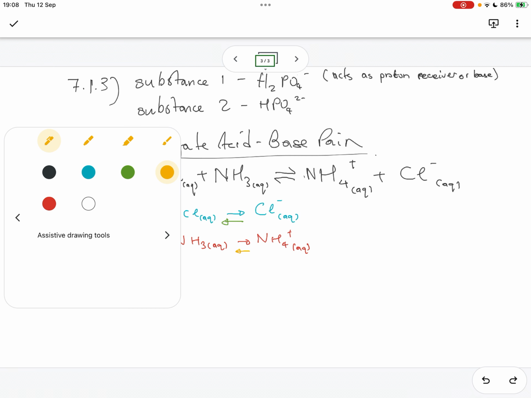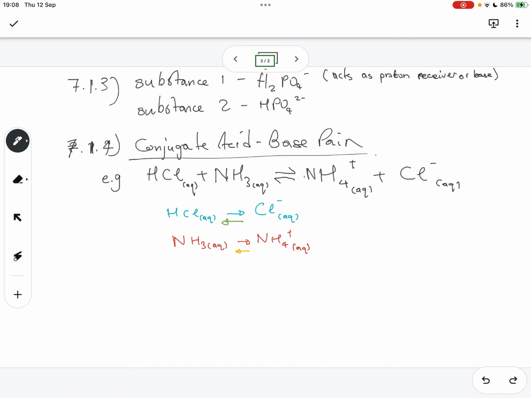So the long story short, if we're looking at this reaction, then HCl plus NH3 gives us NH4 plus Cl minus.